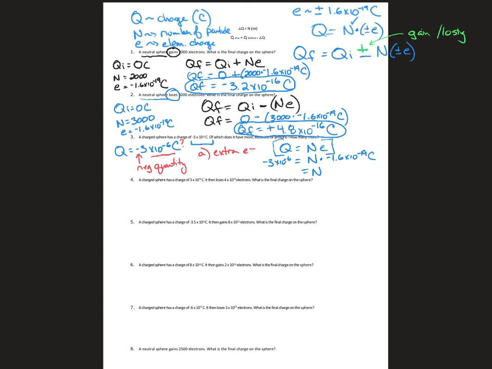Make sure you're using your calculator right. If you have that charge, you have moved 1.88 times 10 to the 13th electrons. So N can be an enormous number of electrons when you're talking about real-life charges. Even microcoulombs carries that many extra electrons.